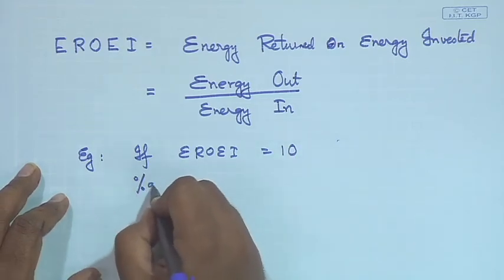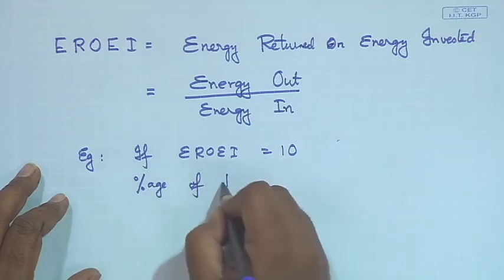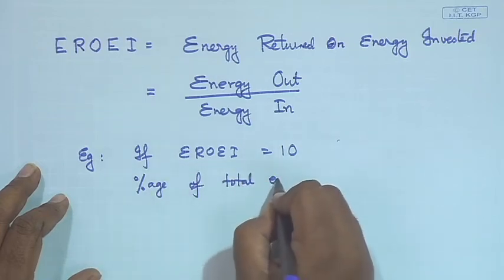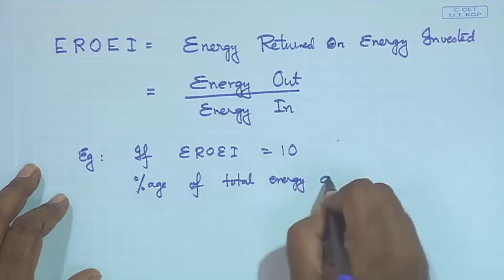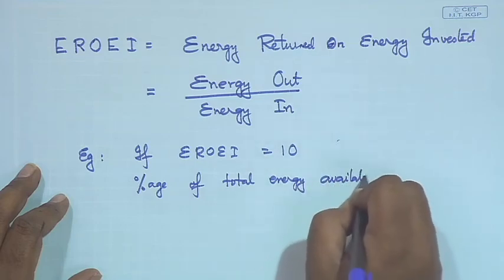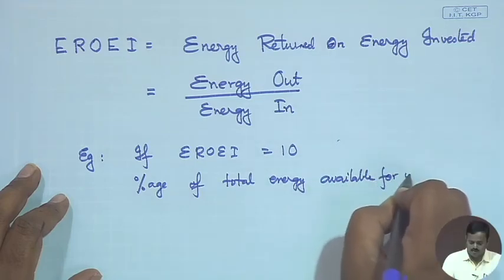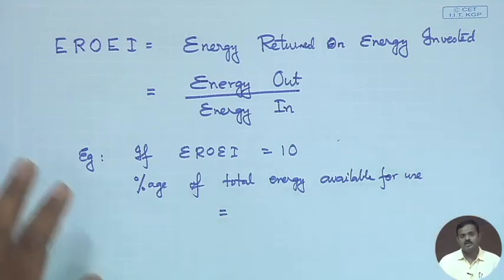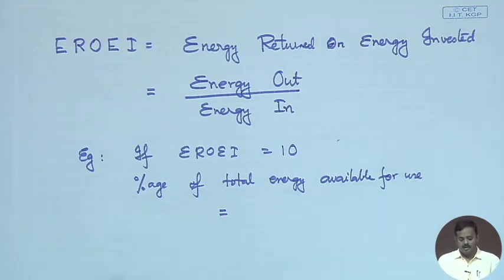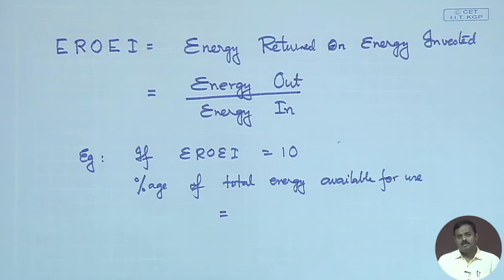It means that if I use energy equivalent to 1 barrel of oil, I can get 10 barrels of oil.